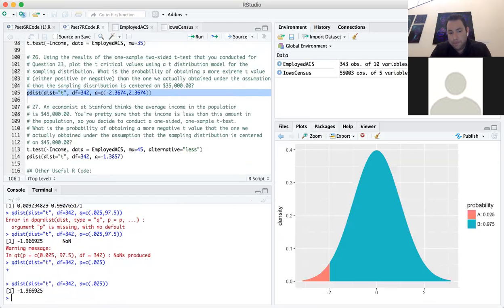So this shows us that the critical values for a t-distribution for the 95th percentile will be plus or minus 1.96.